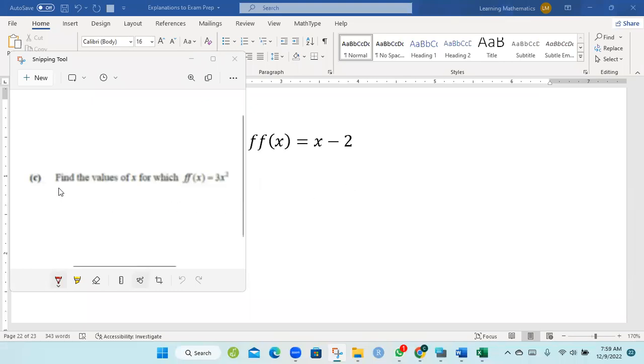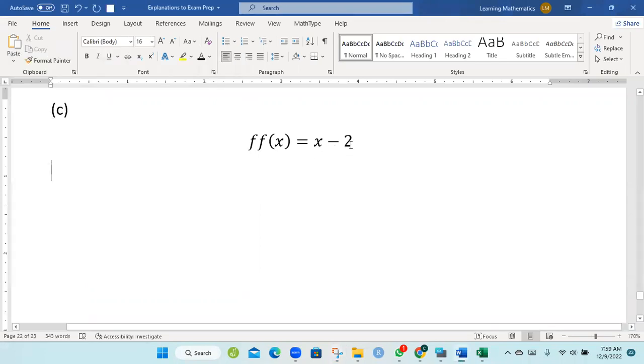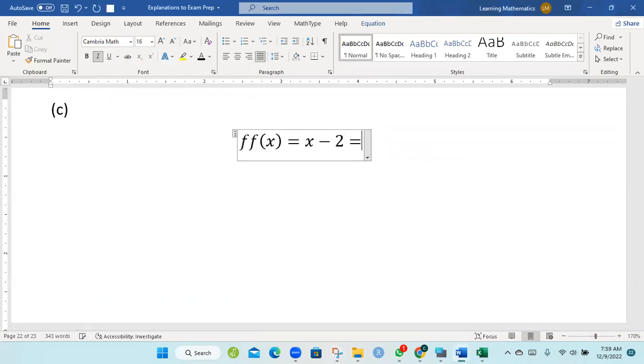And the question says to find the values of x. So we have to solve for x. We have to get values for x for which f of f of x is equal to 3x squared. So therefore now we can make x minus 2 equal to 3x squared, because this question is saying f of f is also 3x squared.